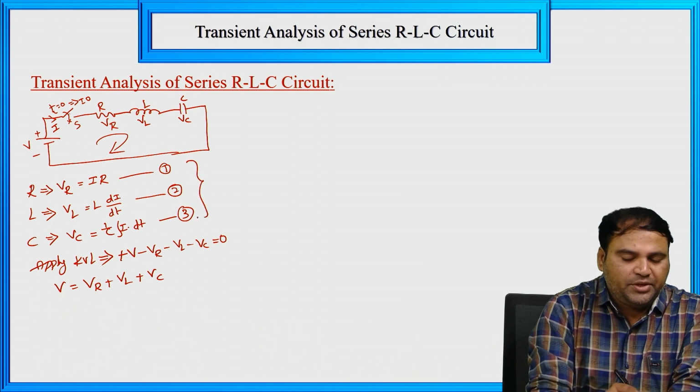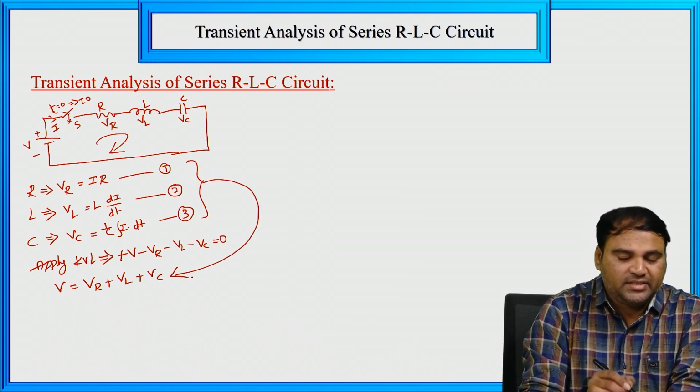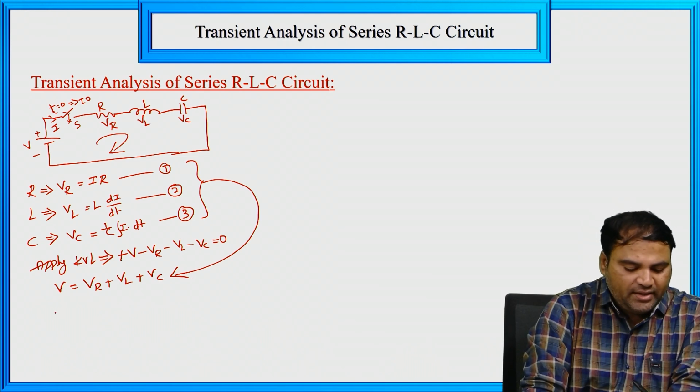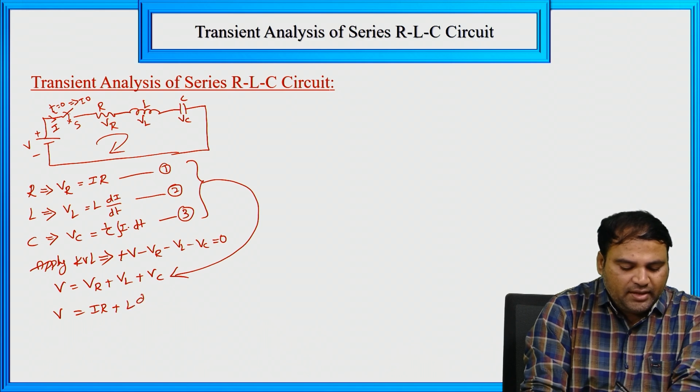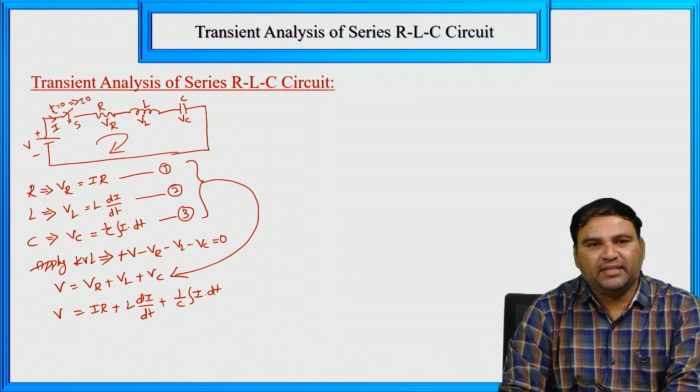Now, substitute these three equations in this equation. Then we get V equal to I into R plus L into di by dt plus 1 by C integral of I dt. Right.